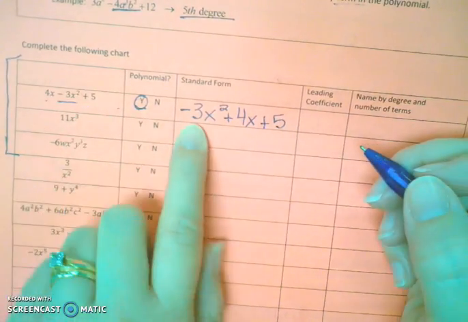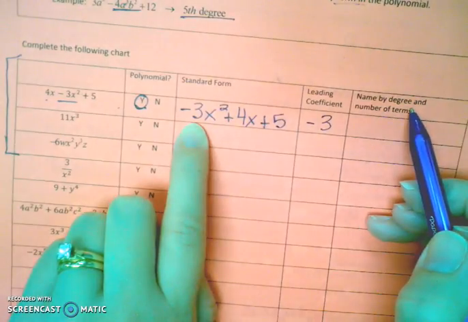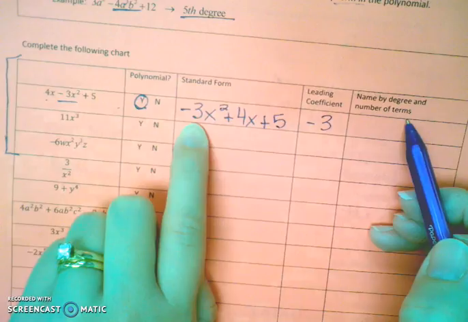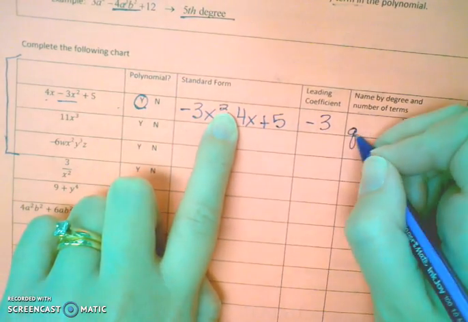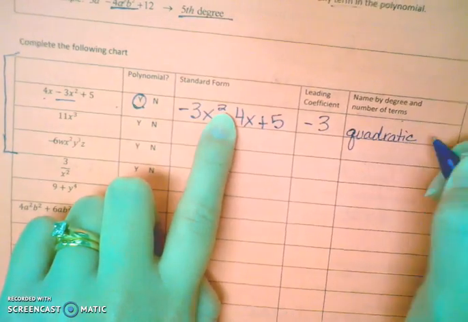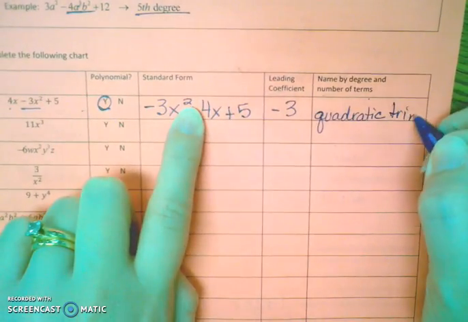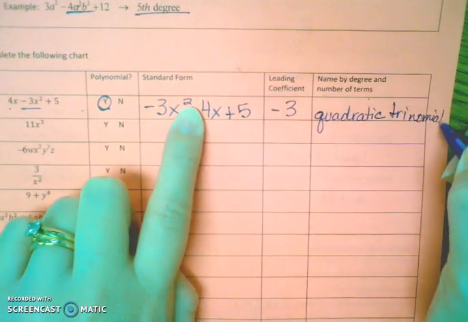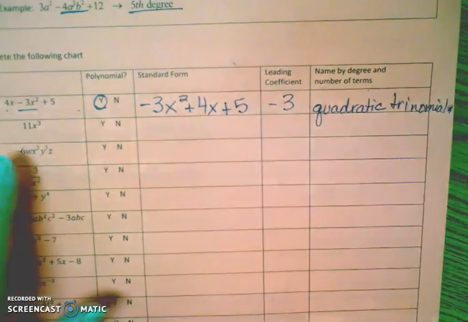Its leading coefficient is just the first coefficient that we've got, and then the name by degree and the number of terms. Its degree is 2, so that's going to be quadratic. If you forget, you can look on the first page. And it's got 3 terms, so it's a trinomial. That sounds very fancy, a quadratic trinomial.